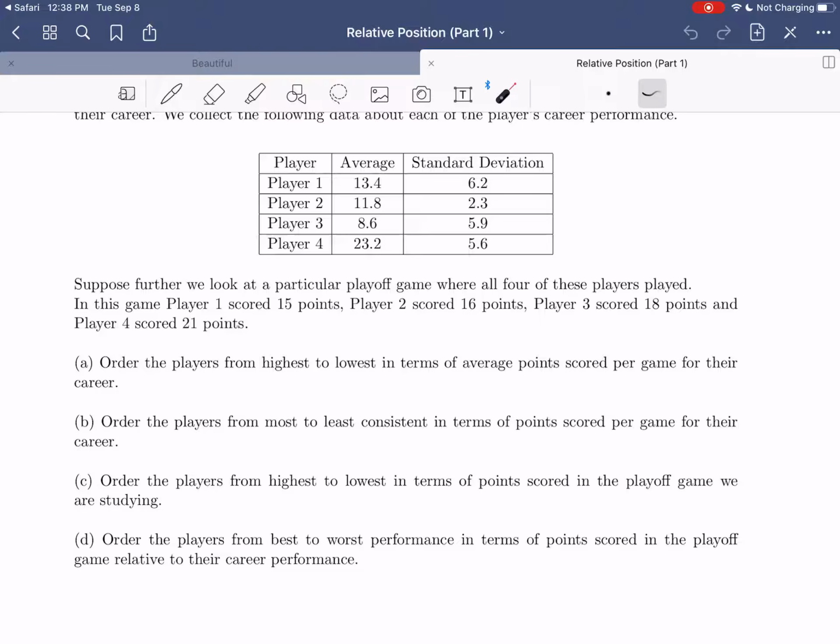The first thing we're going to do is order the players from highest to lowest in terms of average points scored per game for their career. So in part A, we're going to rank the players from best to worst, at least in terms of the average points they scored per game during their entire career. This should be pretty easy, right?